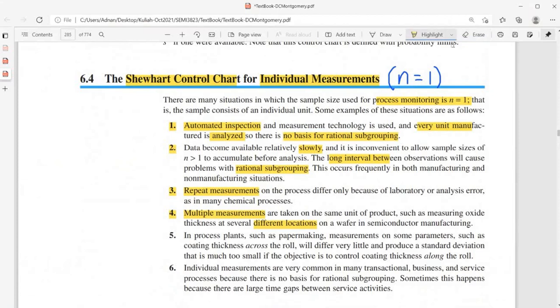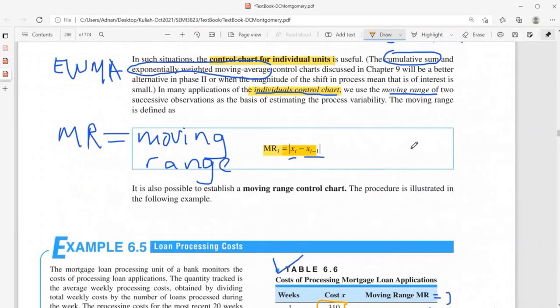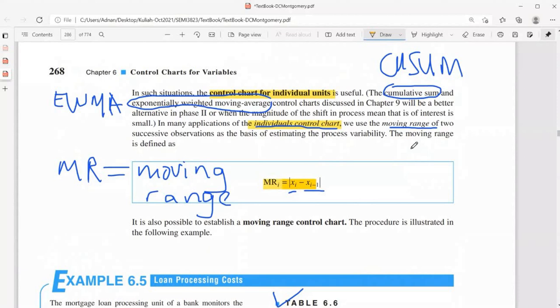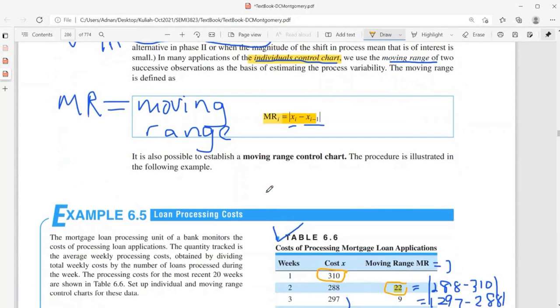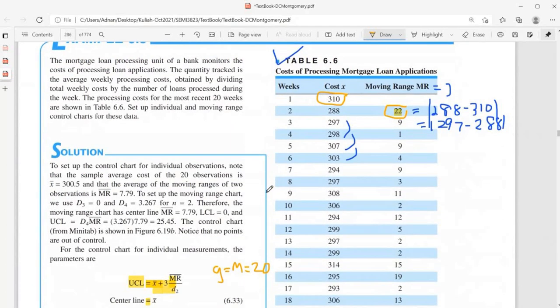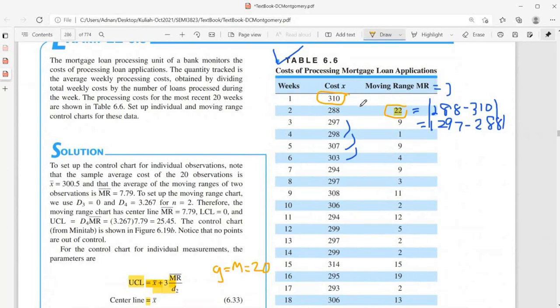I think that's a great confusion. This sample size is where we take the sample for the purpose of process monitoring. But when we use the individual control chart with moving range, in order to produce this chart, we need at least two values for the moving range.